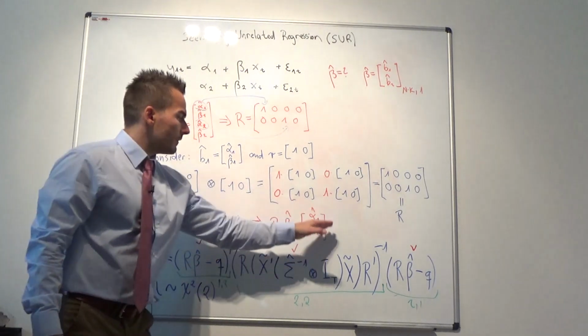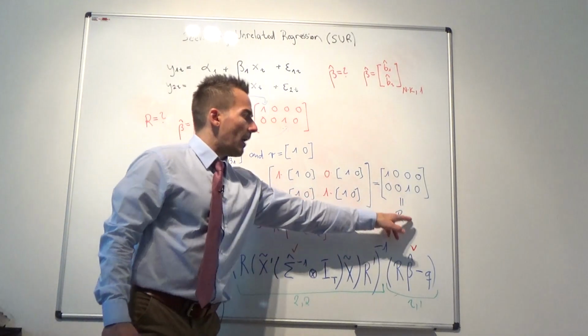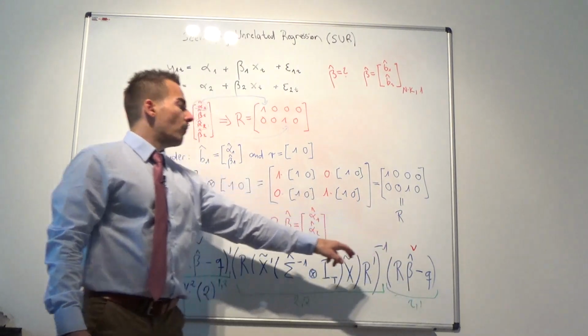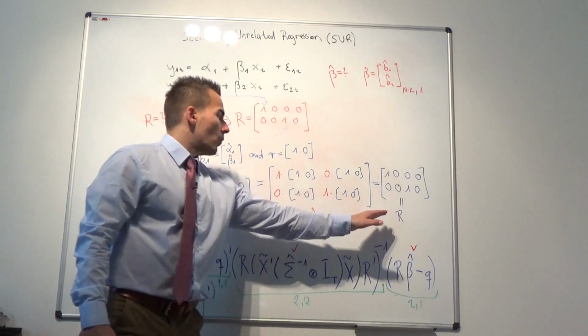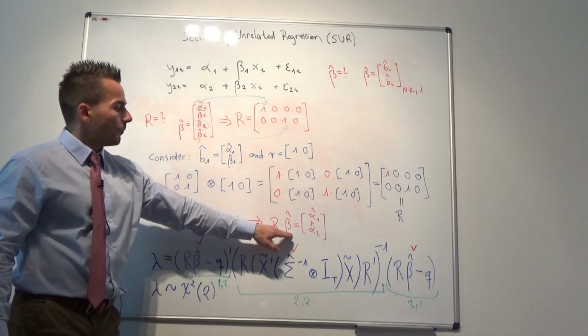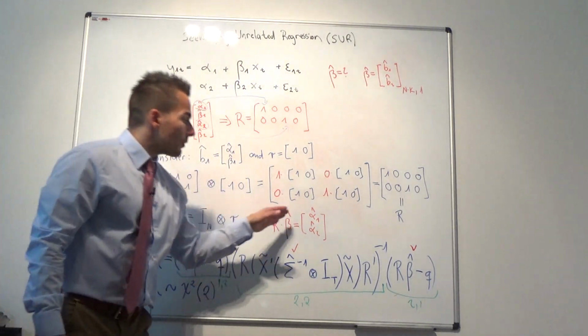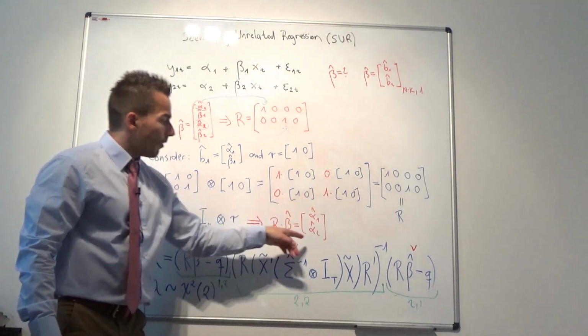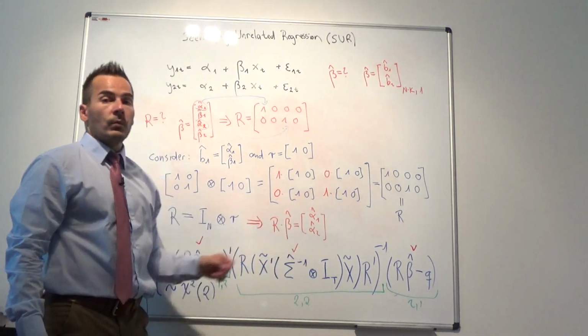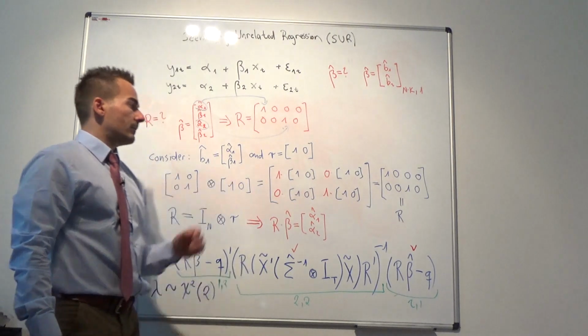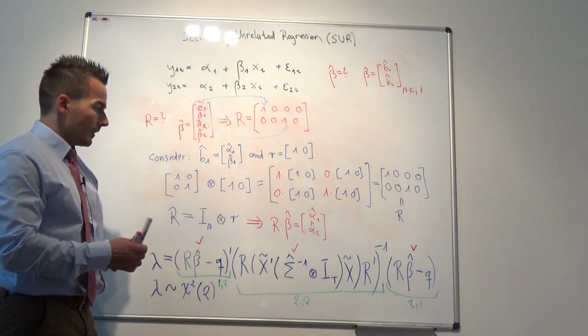So that is the trick: if we multiply this capital R matrix with our vector of point estimates for our simultaneous equation model, it should give us the corresponding point estimates that we want to test. So that's the purpose of that matrix.